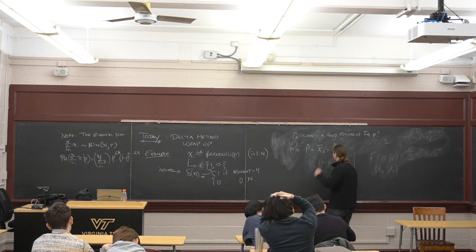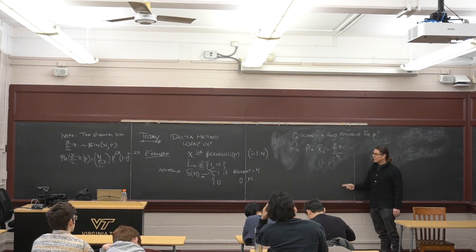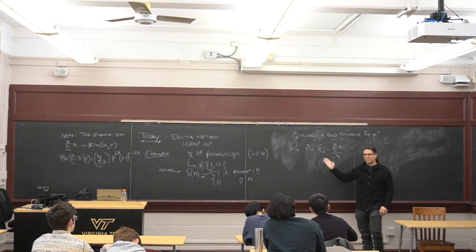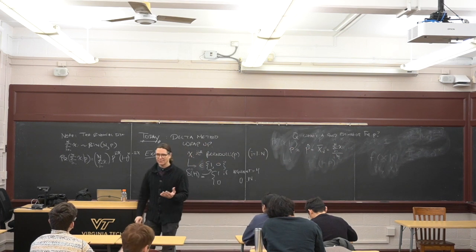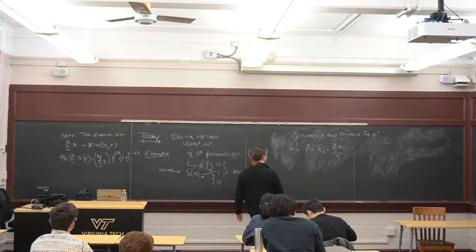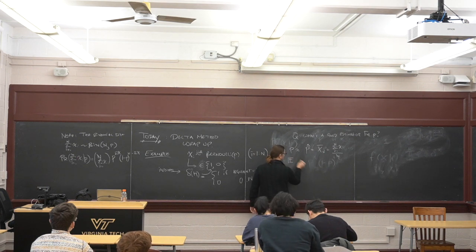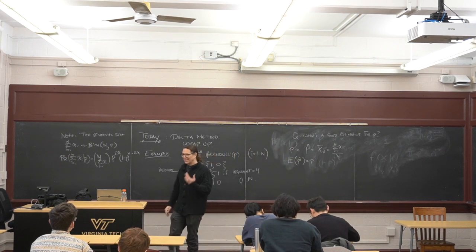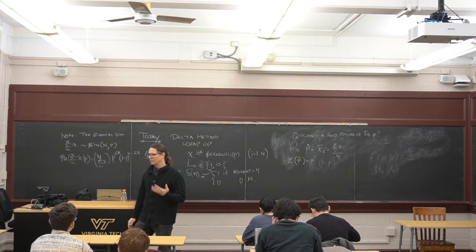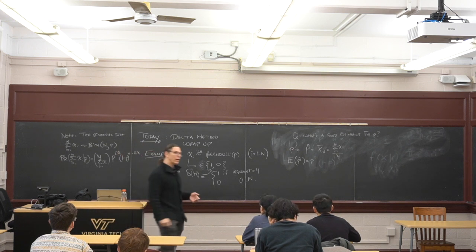So there are lots of reasons why we might like this statistic. You could verify it's unbiased. So the expectation of p hat is equal to p, you can verify that. The expectation of the xi's themselves is p. It's not hard to verify.